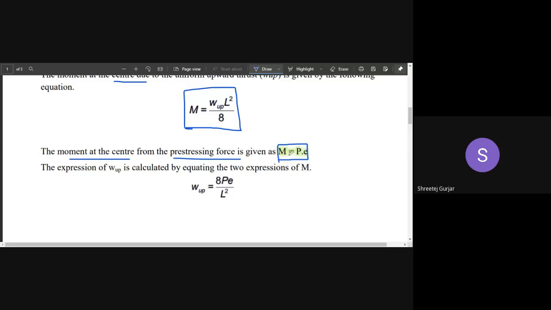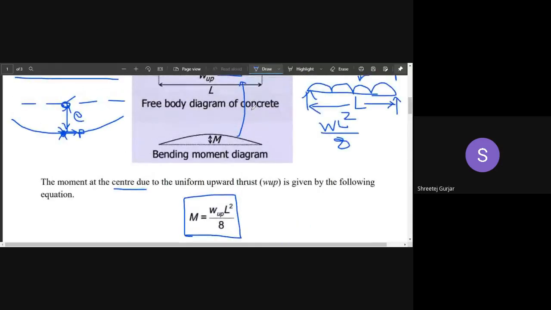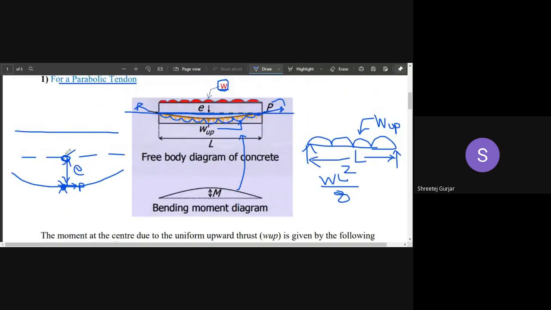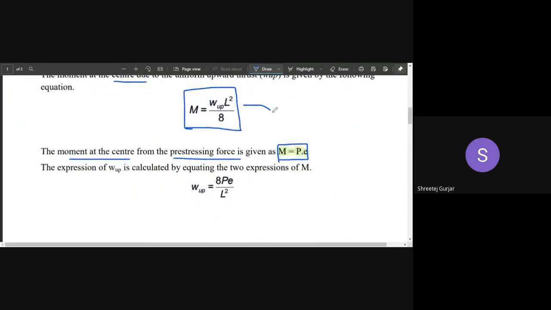Both of these are acting at the same point, the center, so we can equate both of these. WUP L squared by 8 is equal to P into E. Now WUP is unknown, the rest of the things are known.